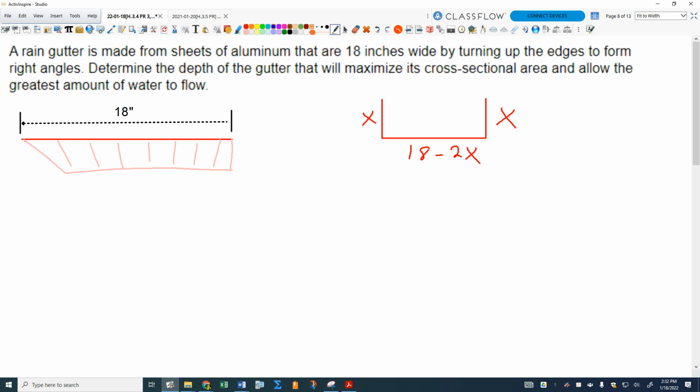So we've got this gutter, and now it's going to be full of water. We want to maximize the volume of water that it can hold. Well, what is the thing that I'm trying to maximize here? Okay, so I'm maximizing volume, but can we make the problem a little bit simpler? Okay. Let me do one thing here.